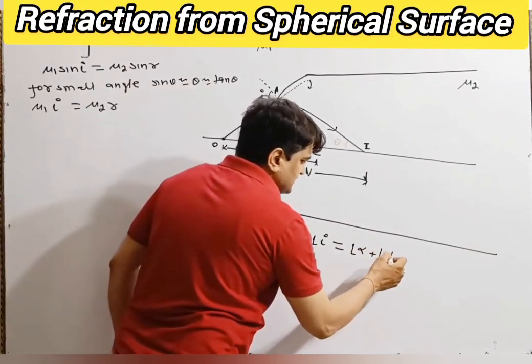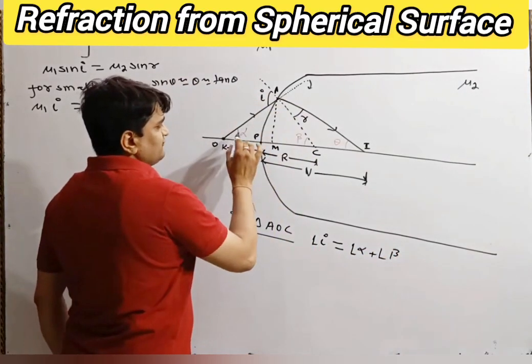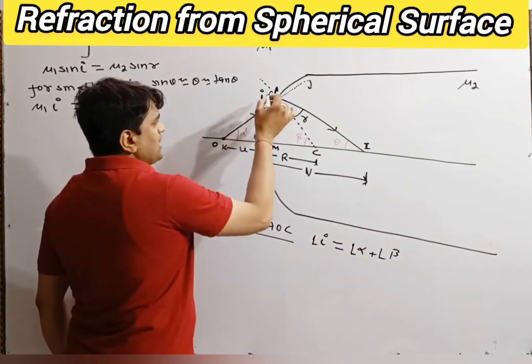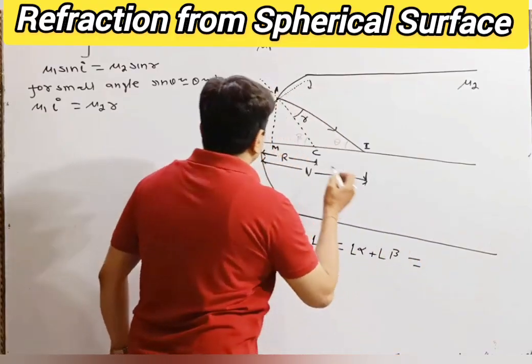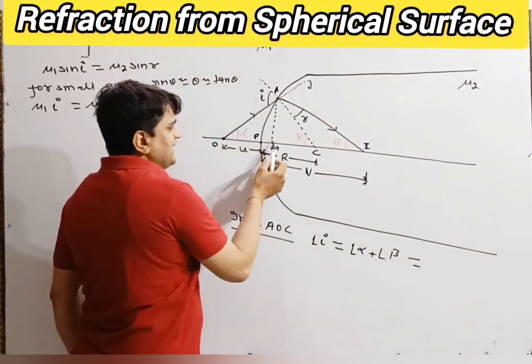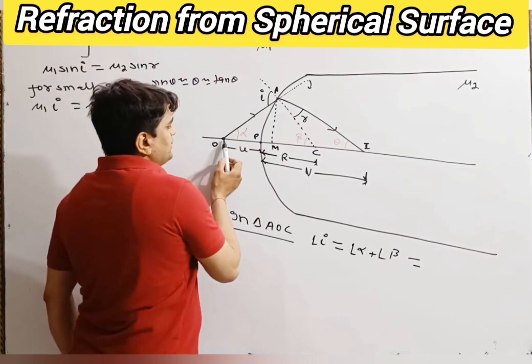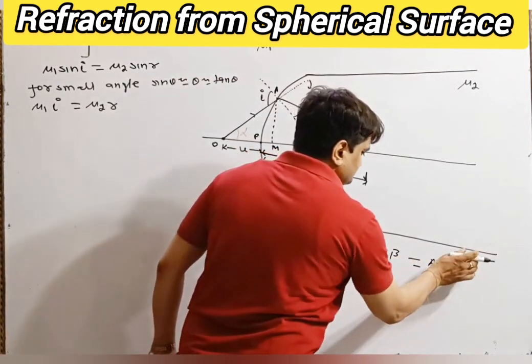And what is angle alpha? In triangle OAM, tan alpha will be AM upon OM.